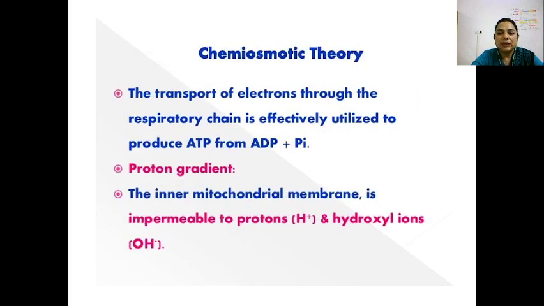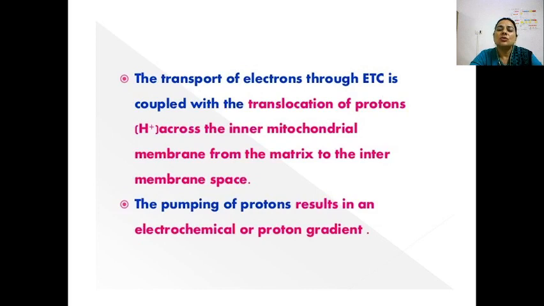The more authentic theory, the theory which has been accepted the most, is the chemiosmotic theory. The transport of electrons through the respiratory chain is efficiently utilized to produce ATP from ADP and inorganic phosphate, that is, a proton gradient. The inner mitochondrial membrane is impermeable to protons and hydroxyl ions. The transport of electrons through the electron transport chain is coupled with the translocation of protons across the inner mitochondrial membrane from the matrix to the intermembrane space.